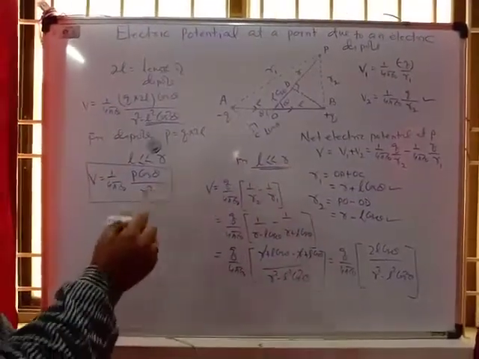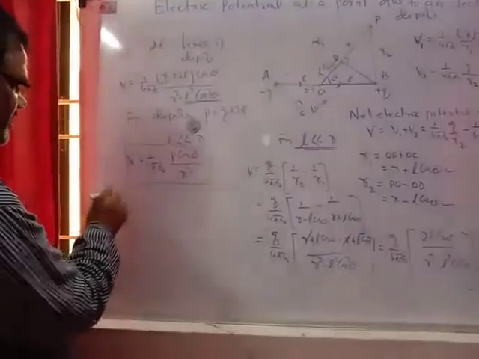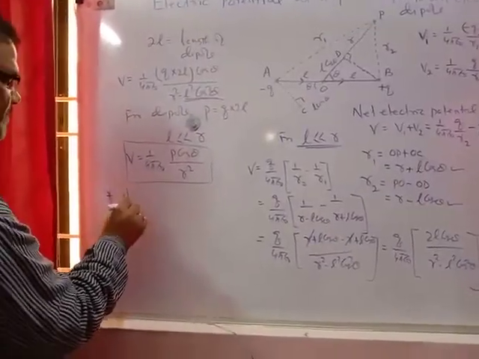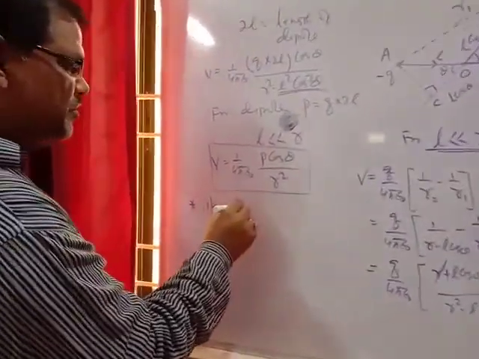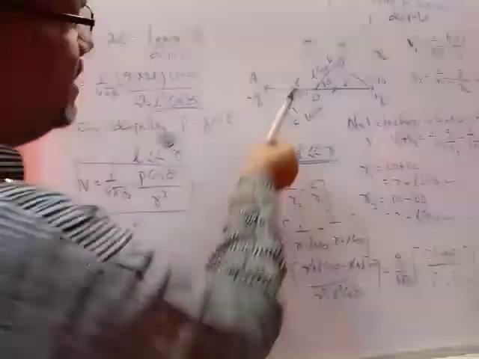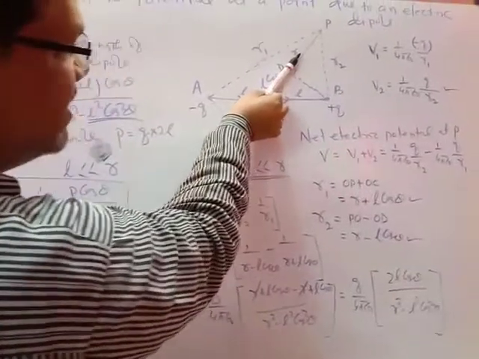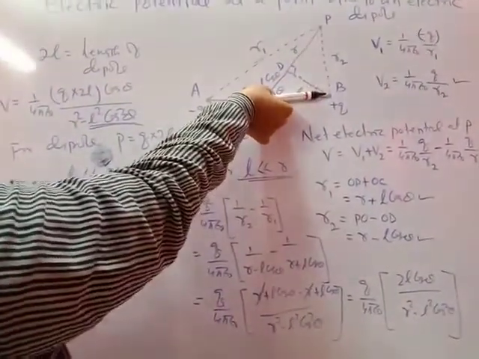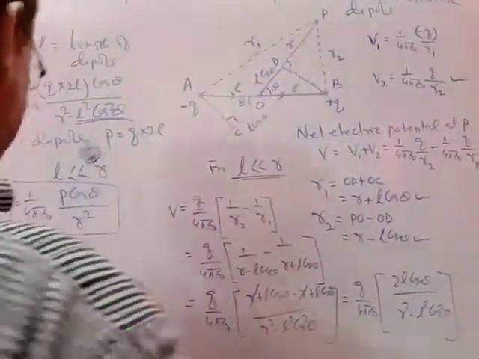Here one important case I am telling you: suppose theta equal to 0 degree. What will happen? The point P was along this direction and it will be coming along this direction, that is, along the axial line.